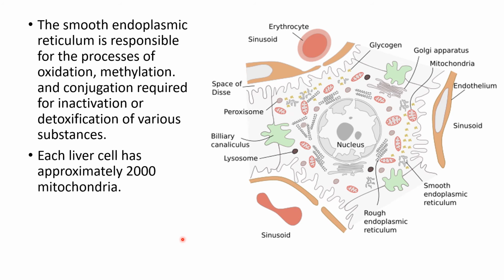And each hepatocyte has approximately 2000 mitochondria. You can see here the mitochondria are dispersed everywhere. Since the energy requirement of these hepatocytes is very high, a lot of mitochondria are present in the cytoplasm of the hepatocytes.